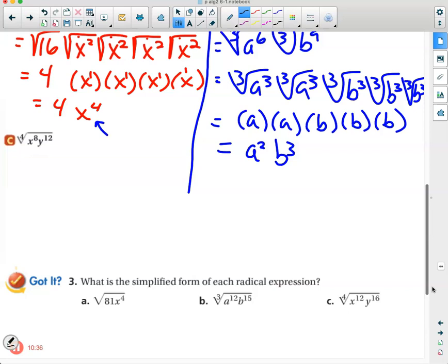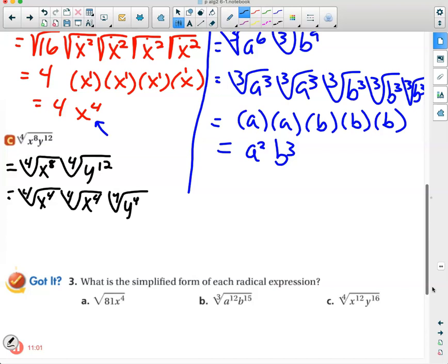C has the fourth root of x to the 8th, y to the 12th. Again, I make my index match my powers. We start with the fourth root of x to the 8th and the fourth root of y to the 12th to separate our variables. And then the fourth root of x to the 4th, fourth root of x to the 4th, because together that gives us x to the 8th.